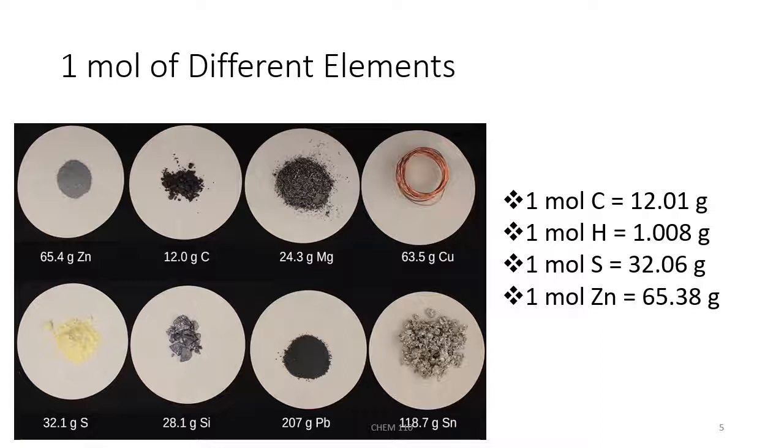That's because they all have different atomic masses, according to the periodic table. So 1 mole of carbon is 12.01 grams. 1 mole of hydrogen gas would be 1.008 grams. 1 mole of sulfur is about 32.06 grams, and 1 mole of zinc is 65.38 grams. We can look at any of these other examples and see that the molar mass will change depending upon what the element is.